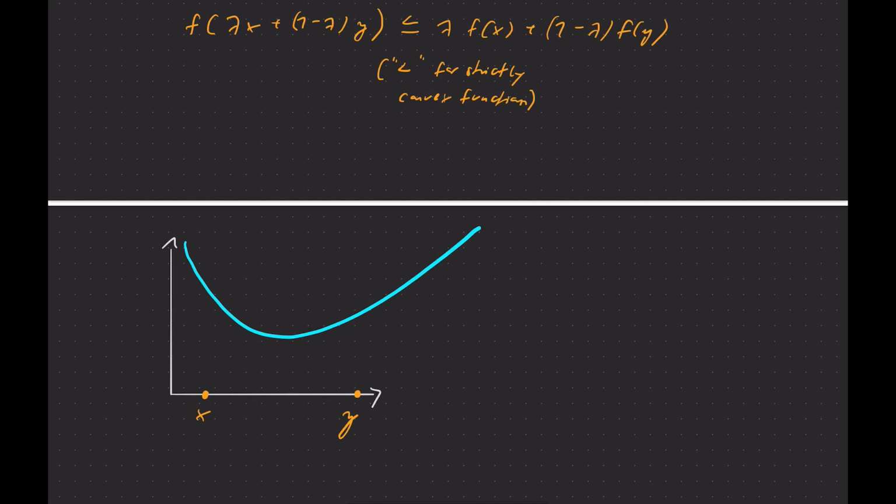Then we have to compare the value of a convex combination of x and y to the convex combination of the function values f of x and f of y. So let's mark those function values first. Now if we go up here, this is f of x. And going up here, that is f of y.